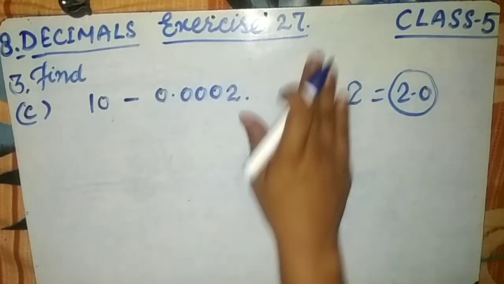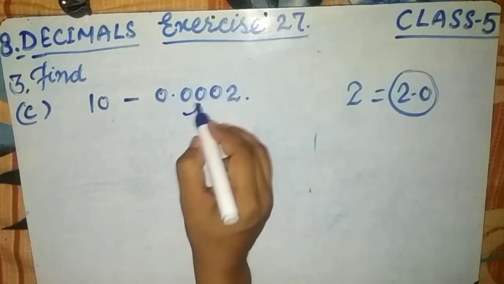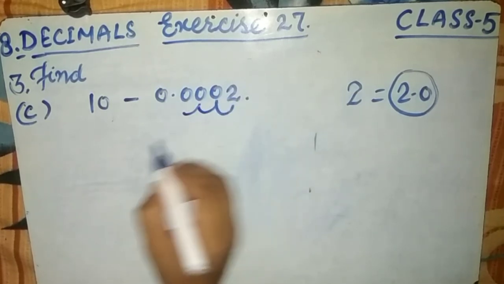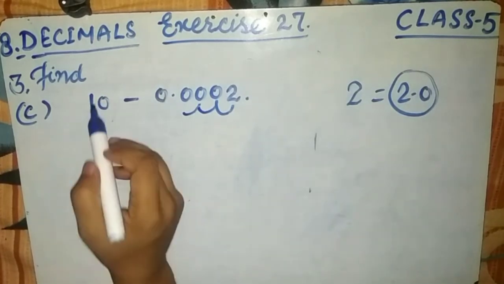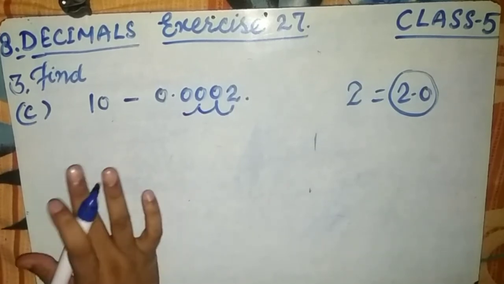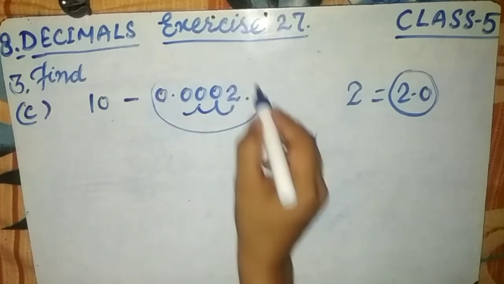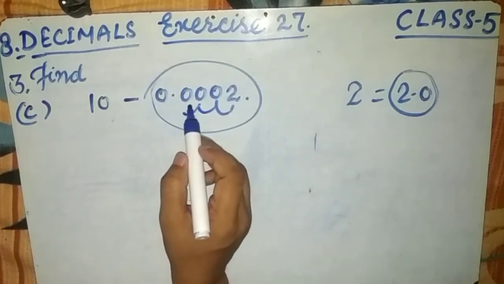Now here, after the decimal, the second number has 4 digits: 1, 2, 3, 4. This is why we will make this 10 a decimal fraction with 4 decimal places, because after the decimal there are 4 digits.